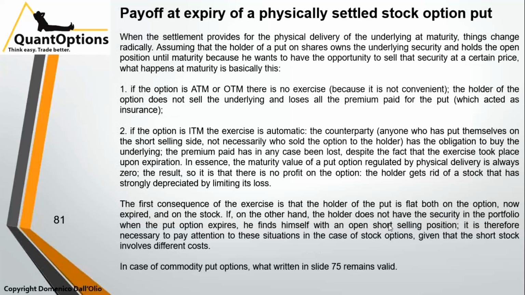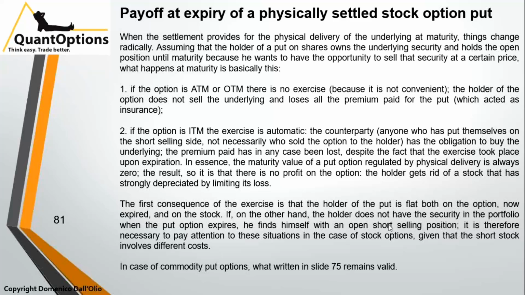Payoff at expiry of a physically settled stock option put. When the settlement provides for the physical delivery of the underlying at maturity, things change radically. Once again, assuming that the holder of a put on shares owns the underlying security and holds the open position until maturity because he wants to have the opportunity to sell that security at a certain price, what happens at maturity is basically this.